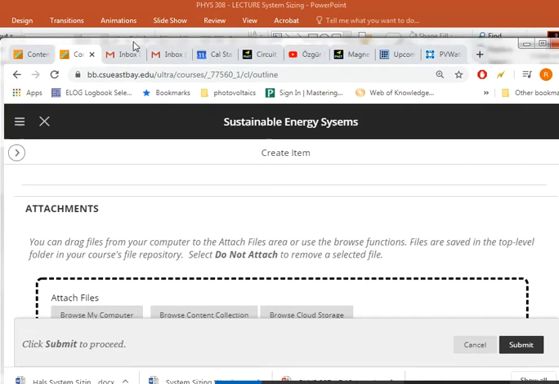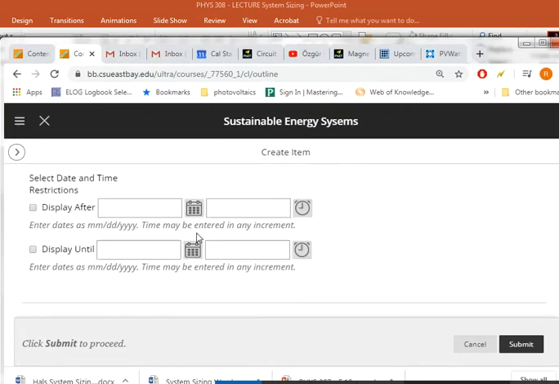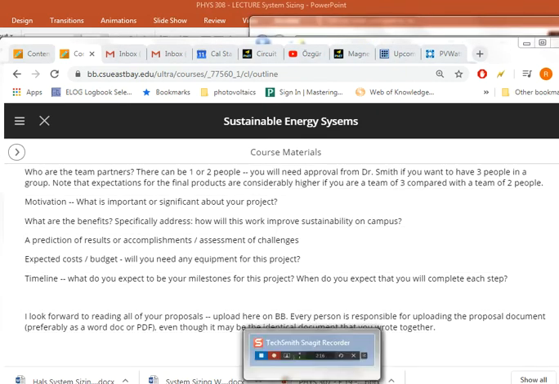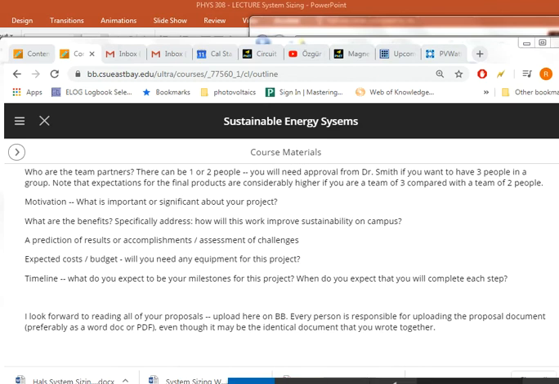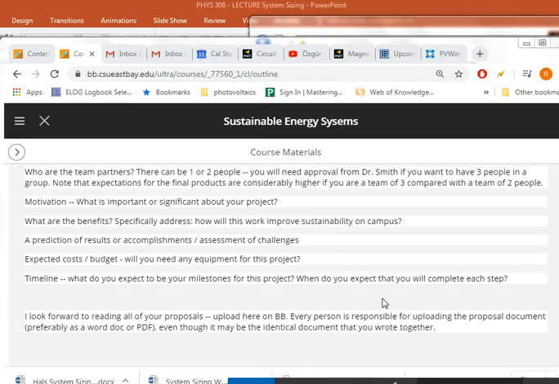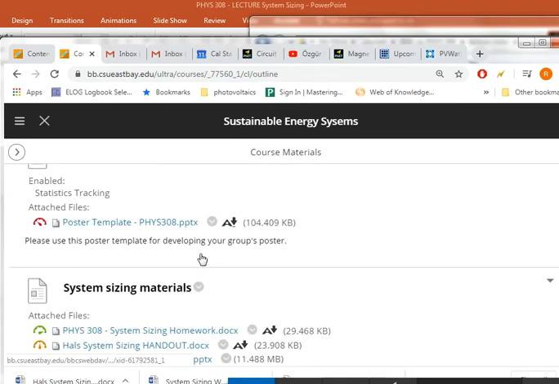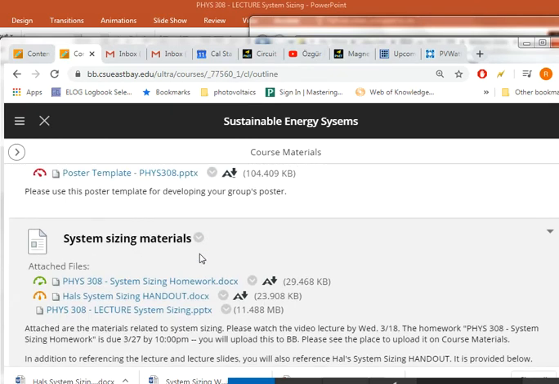So if you go online under course materials, you will scroll down to the bottom and you'll see system sizing materials, including these lecture slides, the handout from Hal, who is the leader of We Share Solar, and our homework, which will be uploaded onto Blackboard.